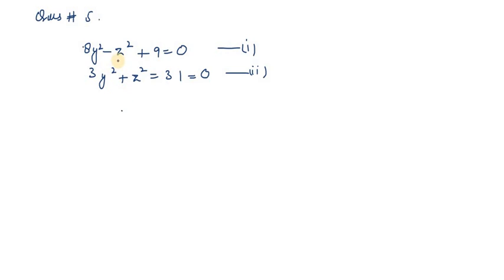After that, put the value back in equation number 1 or 2, so we get the value of the other variable. Here minus z square and plus z square are already given in the equations, so we simply add these two equations and eliminate the variable z square, get the expression in the form of y square, and find the value of y.